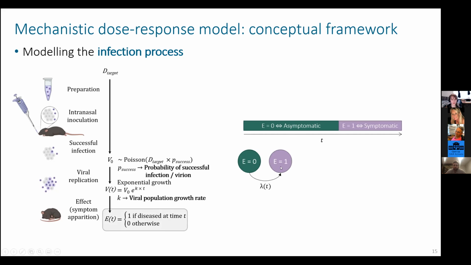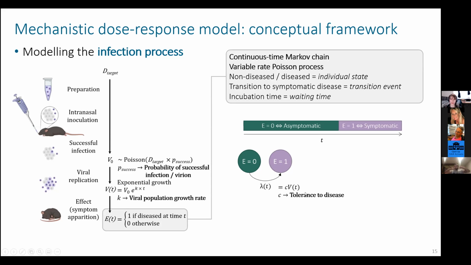This transition rate will be given by a function of time that is itself a function of the viral population. We considered that the higher the viral load within the host, following replication and so on, the more likely an individual is to show symptoms. So we have this time-dependent transition rate from asymptomatic to symptomatic. To start with, I've considered a simple linear relationship, but we can consider more complex relationships too.